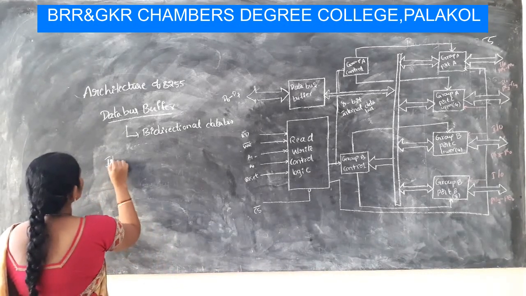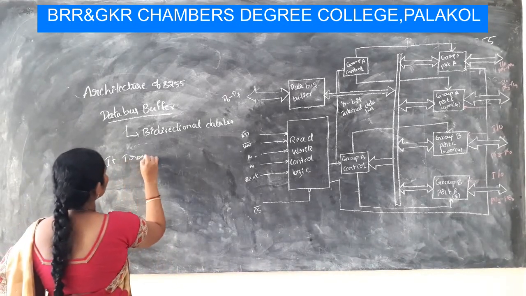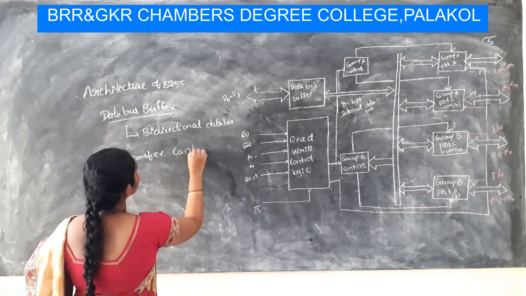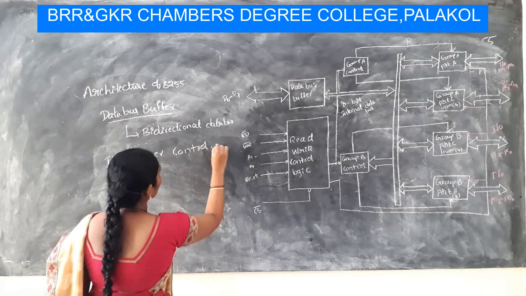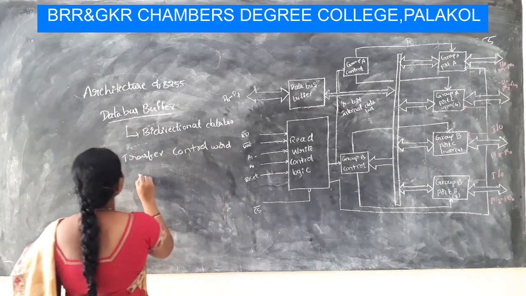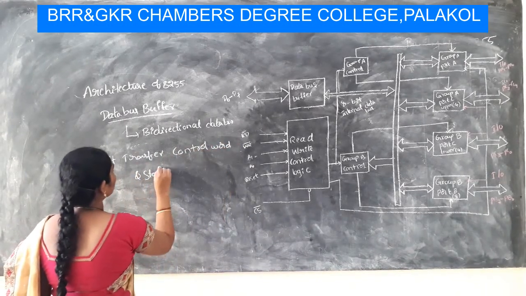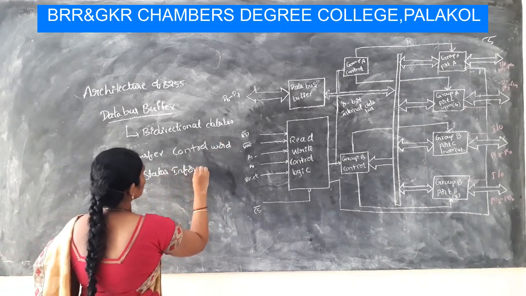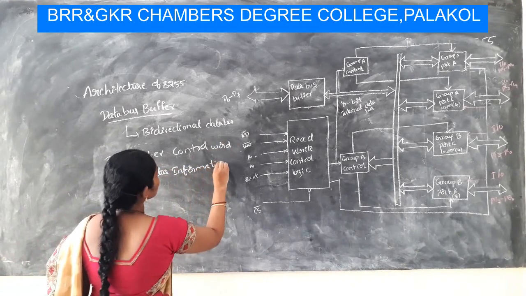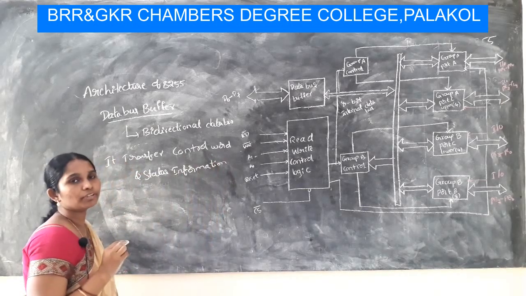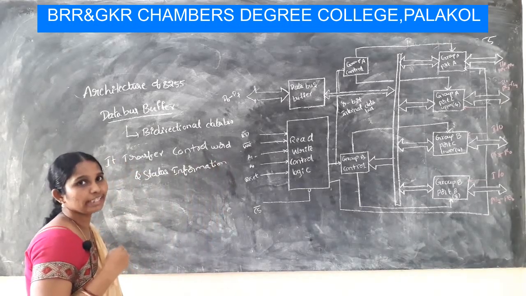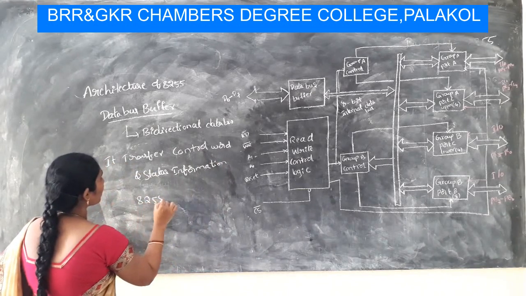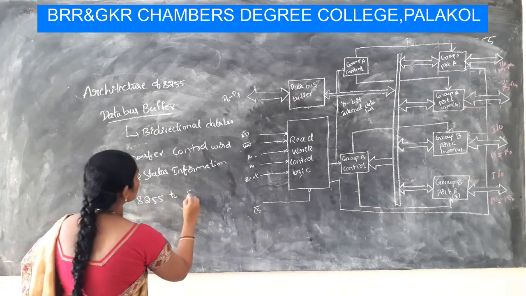It transfers the control word and status information. The data bus buffer is mainly used to interface the 8255 to the system bus.